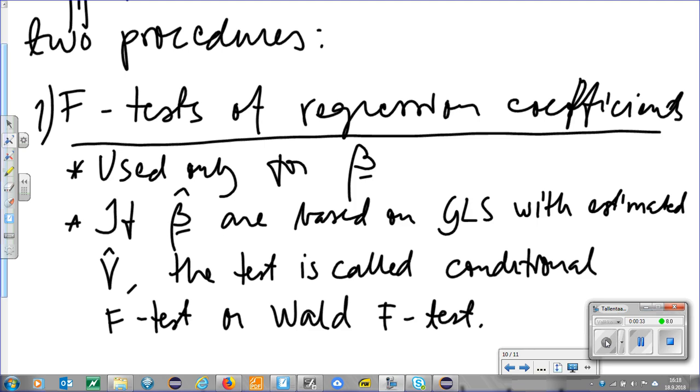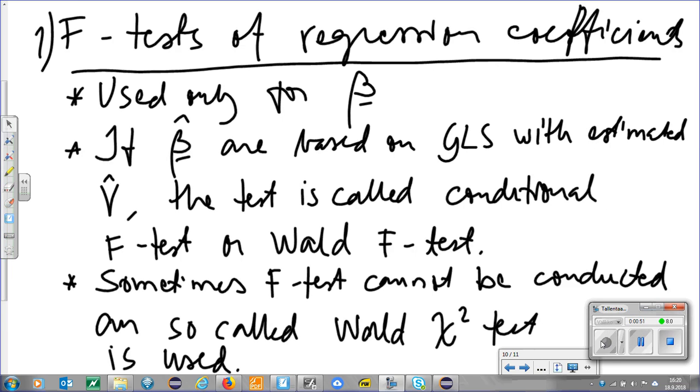And if the estimates of regression coefficients are based on the generalized least squares with estimated matrix V, then the test is called conditional F-test or Wald F-test in literature.